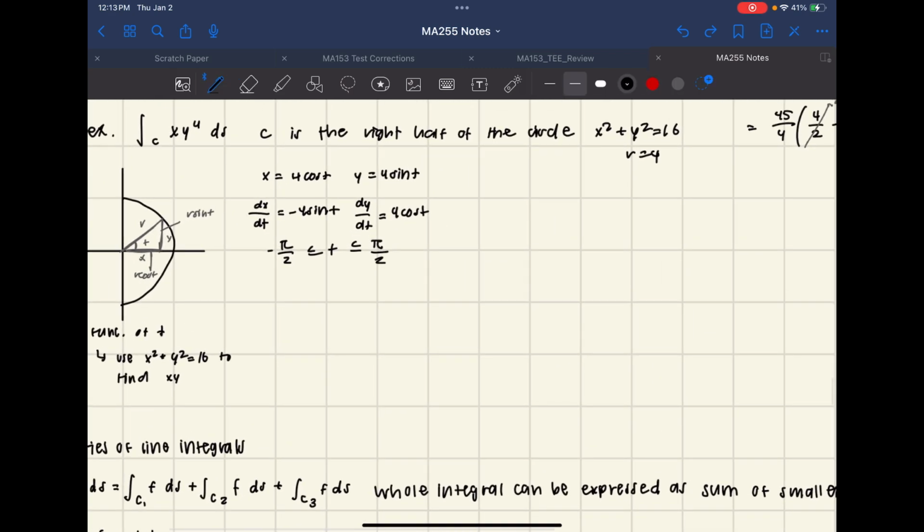So with this problem, we have our arc length differential, which we're going to plug into the equation.